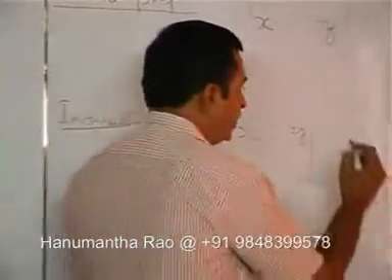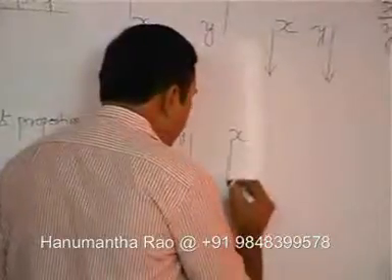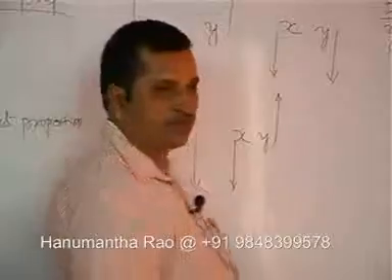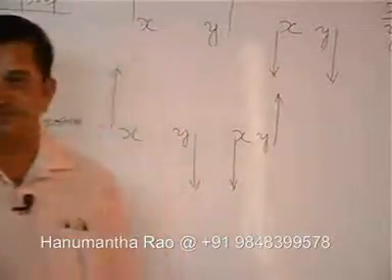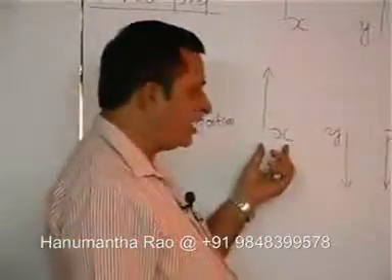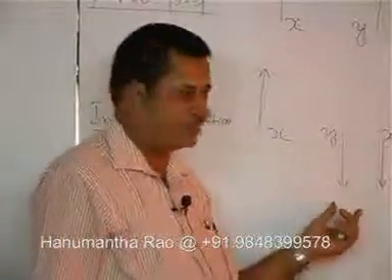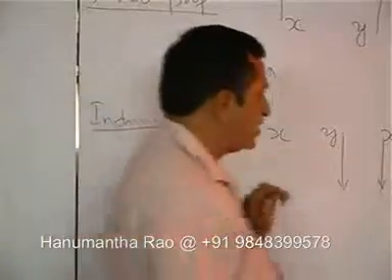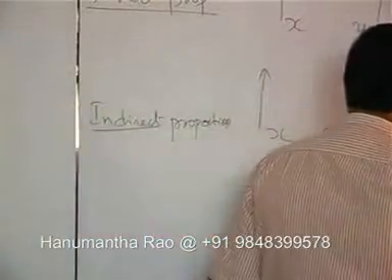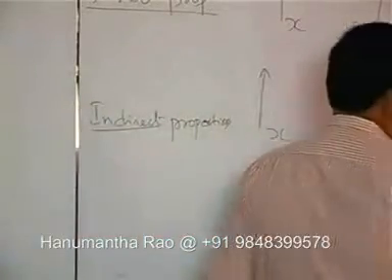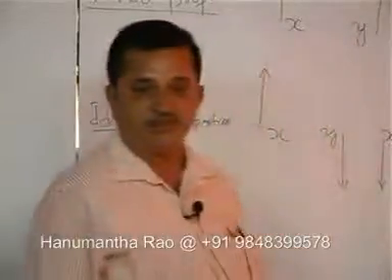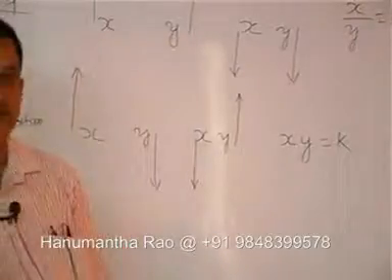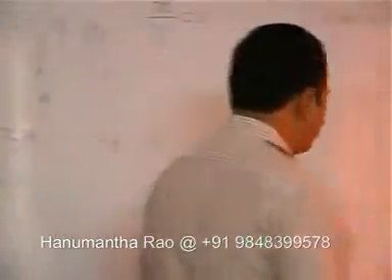Otherwise, a decrease in one quantity may cause an increase in the other quantity. So if one quantity increases, the other decreases; if one decreases, the other increases. In such cases, x into y is constant. The problems will be of this model.